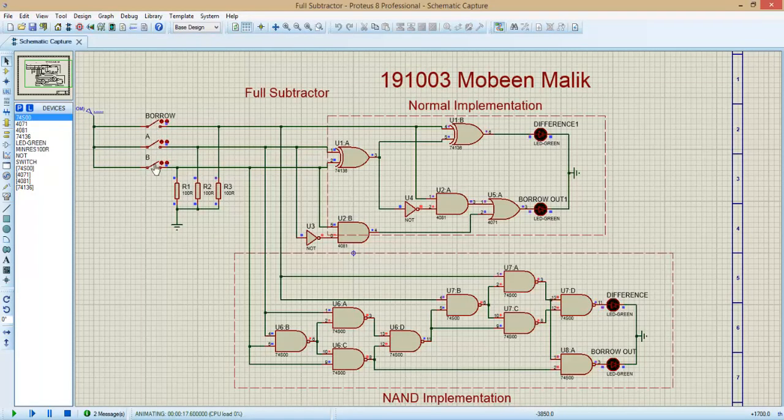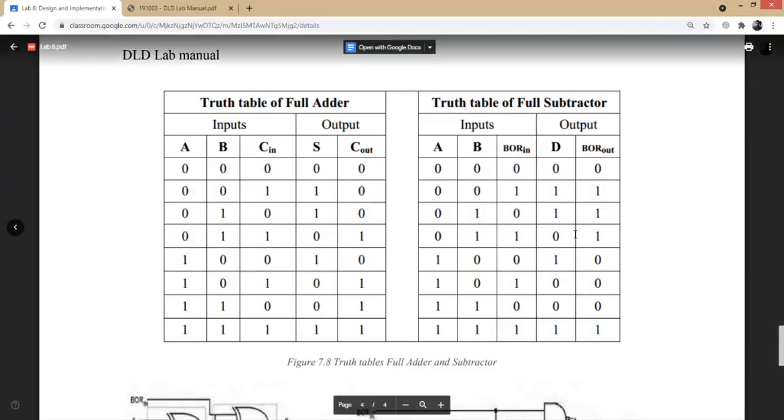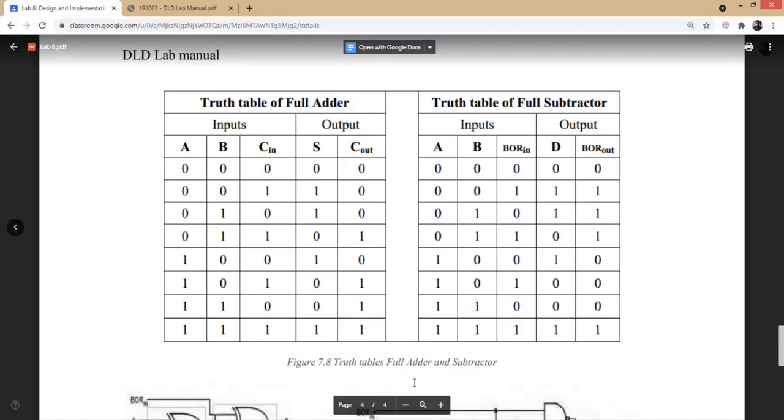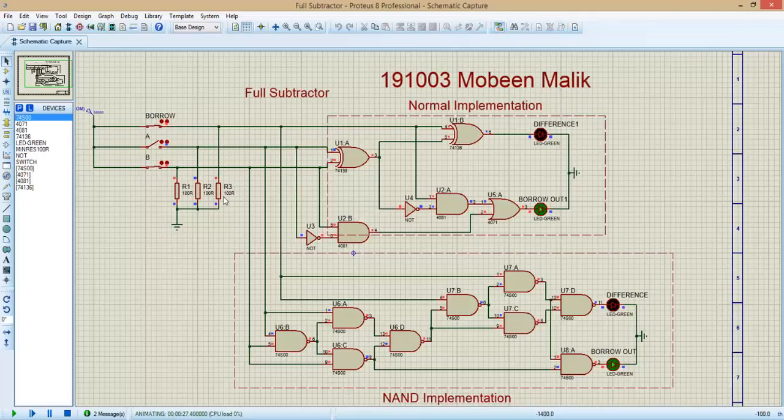Now if B becomes 1, same results. Now if both of them become 1, then we have a difference of 0, as you can see from this truth table, but the borrow still remains 1. For the next part, we will turn A to 1, and you can see 1 minus 0 is equal to 1 with no borrow. 1 minus 1 is equal to 0 without any borrow.